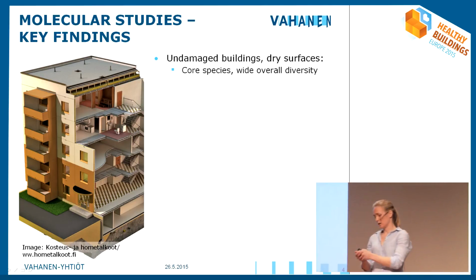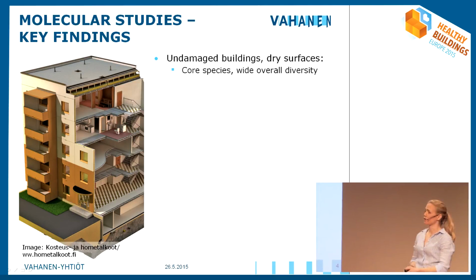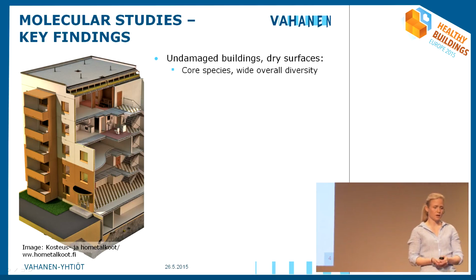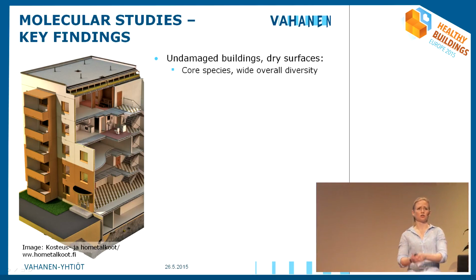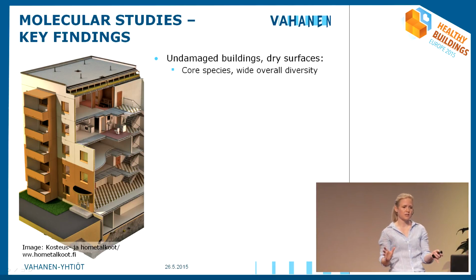So in a couple of words, if we're talking about undamaged buildings with no moisture damages, we find so-called core species, a couple of tens of species, which are more or less present in most samples that we take. But in addition to that, we see a huge diversity of rare species.